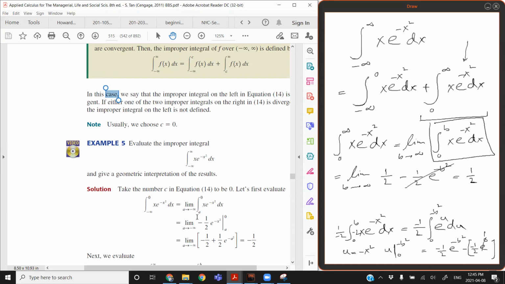Then you take the antiderivative of this. The antiderivative is going to be negative 1 over 2 e to negative x squared from a to 0. You plug in 0, you get negative 1 over 2. You plug in a, you get negative 1 over 2 e to negative a squared. And now if a approaches negative infinity, a squared is going to approach infinity.